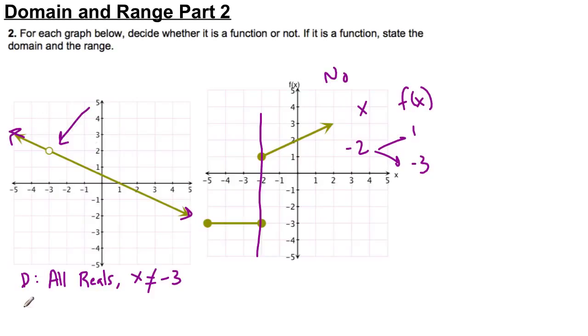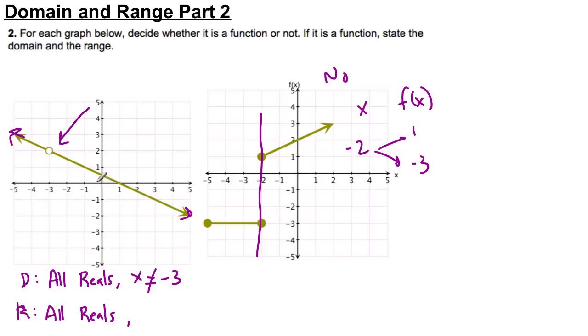On the y values, the range, we're basically looking here, and these arrows make it all reals. But what is the y value of this spot?